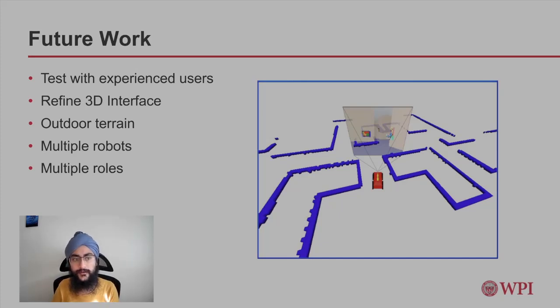Another thing to do is to refine the 3D interface. We can see on that picture on the right, there are corners of the walls, and they're supposed to match up with the blue lines on the map, but they don't quite match up because of how we're oriented with respect to that video.